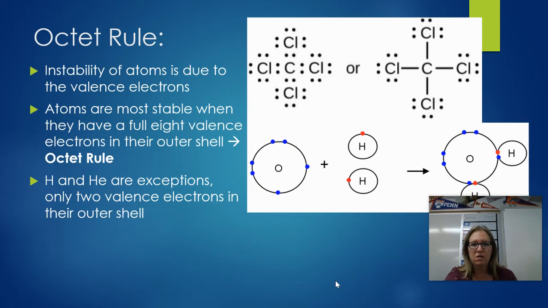Helium and hydrogen are exceptions to this because they only have one energy ring, and that energy ring only can hold 2 electrons. So they only have 2 valence electrons maximum. So they don't really follow this octet rule, but it's the same idea, okay?